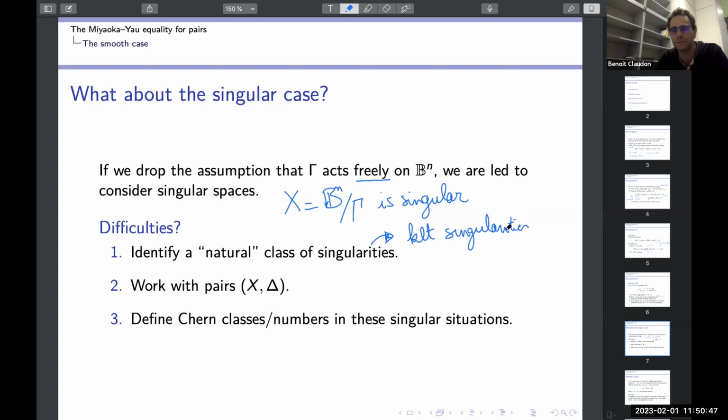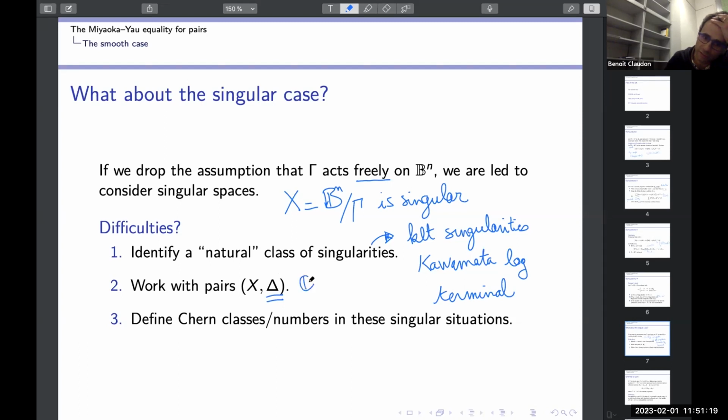Here KLT stands for Kawamata log terminal, and I will explain in a second what it means. The other point is that we have to work with pairs, so we have to encode something in a Q-divisor.